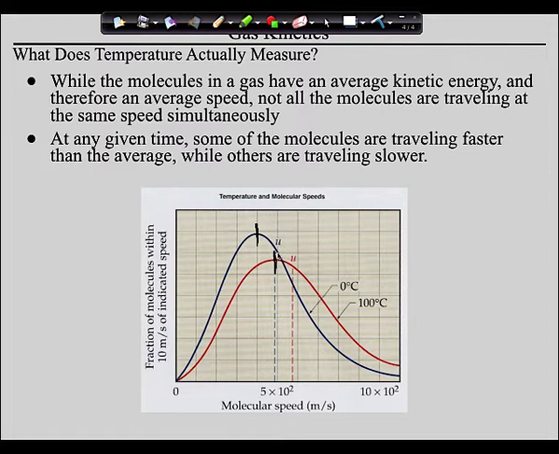All you need to understand is how to find the velocity of an individual molecule given its kinetic energy, and you don't have to worry about the averages. Groovy? Okay. If you're interested to learn how, it actually talks about it in the book, but you don't need to worry.